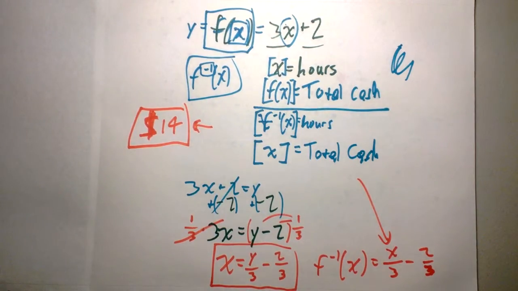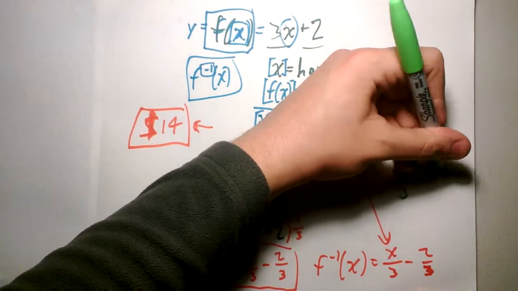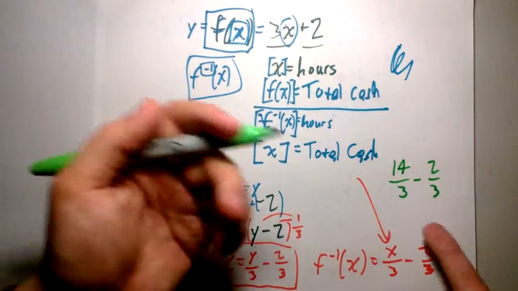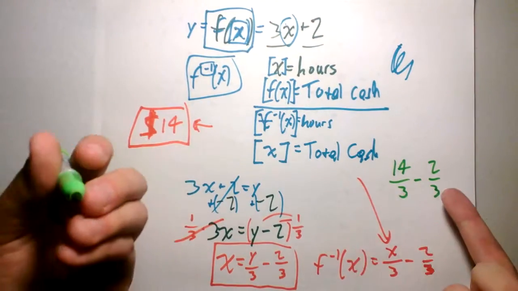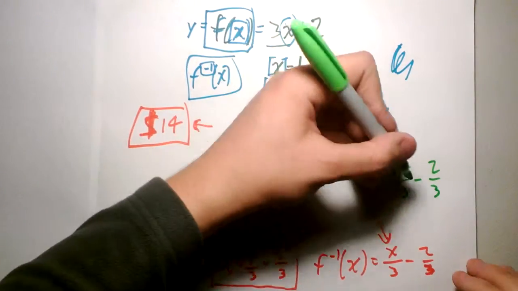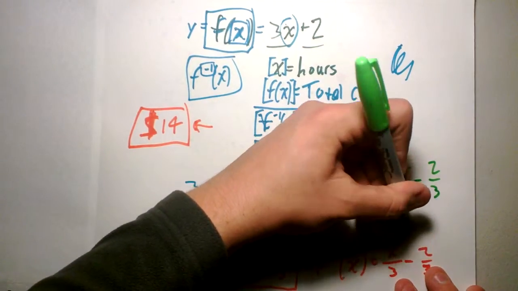Let's switch colors. So you have 14 divided by 3 minus 2 divided by 3. Luckily, for the same reason that you can factor multiplication, you can also factor division. So let's get the 3 out of here.